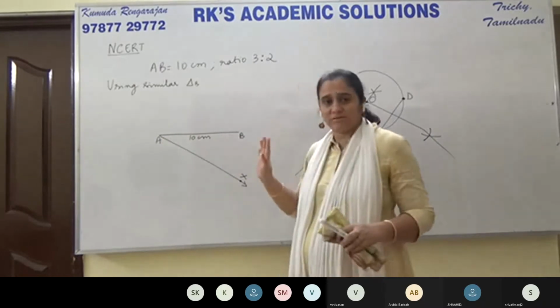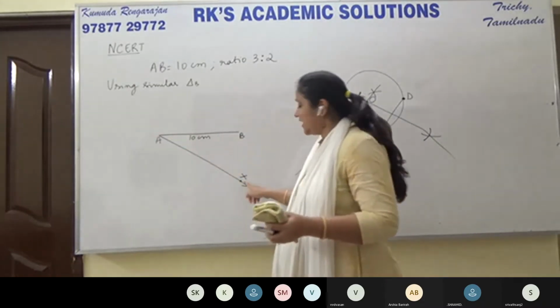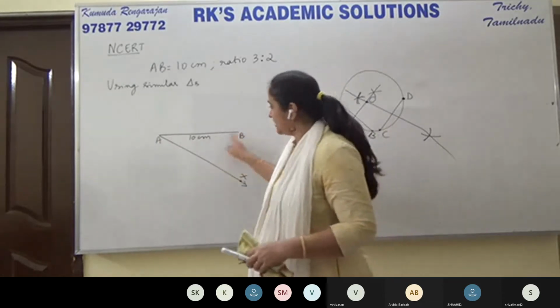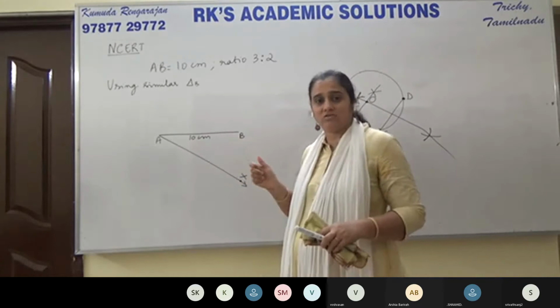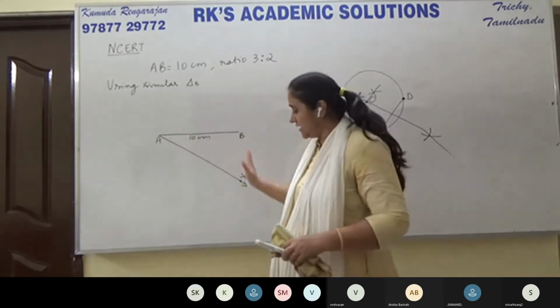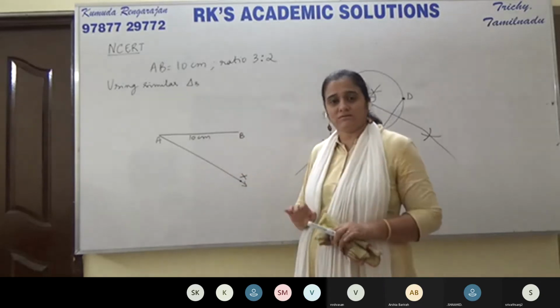Line segment AB is 10 centimeters. Put your scale like this and draw this ray AX such that angle BAX is an acute angle. That is, the ray AX makes an acute angle with the line segment AB.